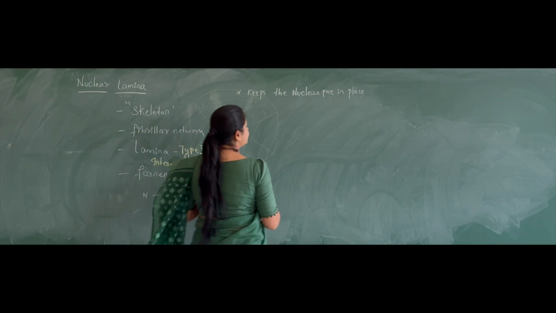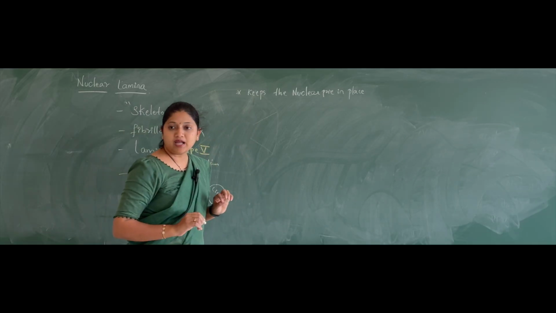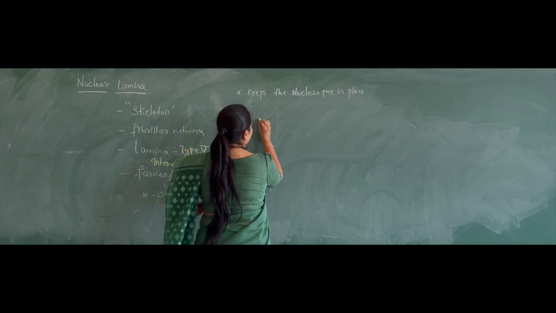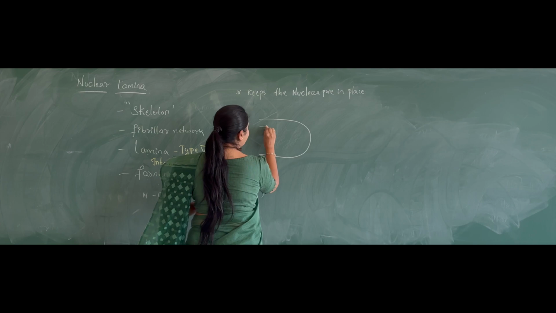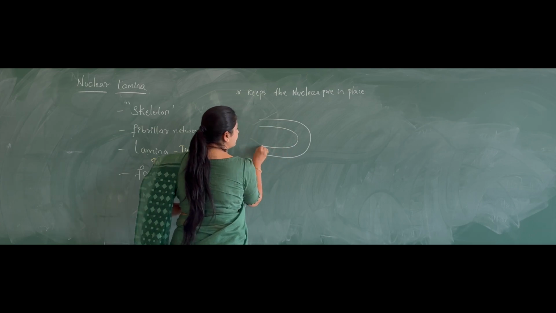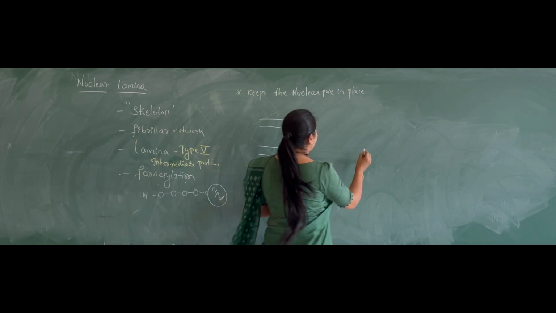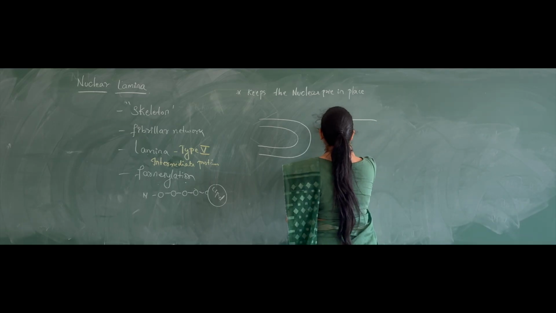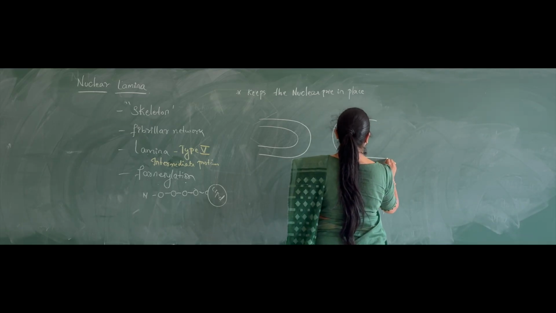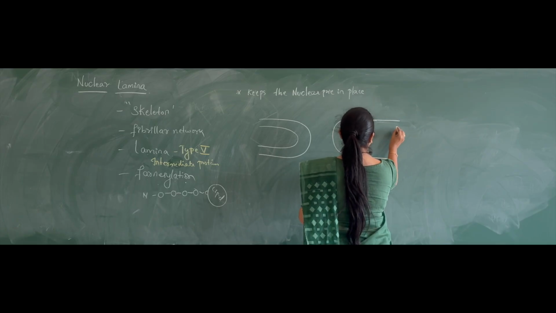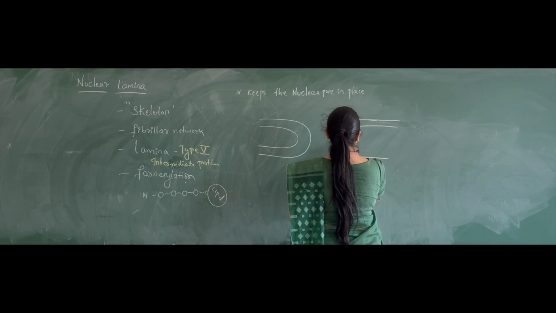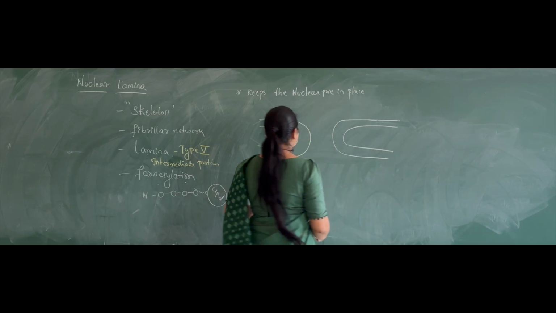Now, how does the nuclear lamina look? So let us imagine this is the outer membrane, this is the inner membrane, and here also we have an outer membrane and an inner membrane.